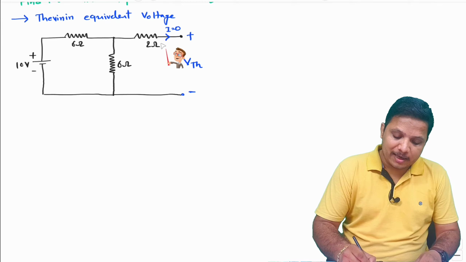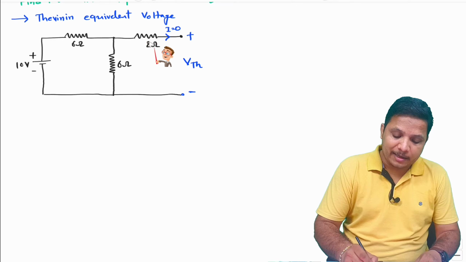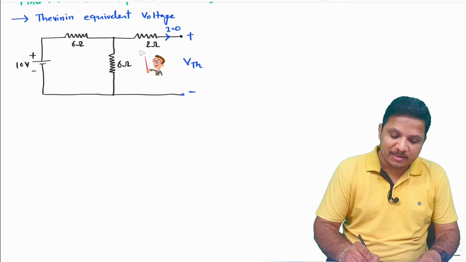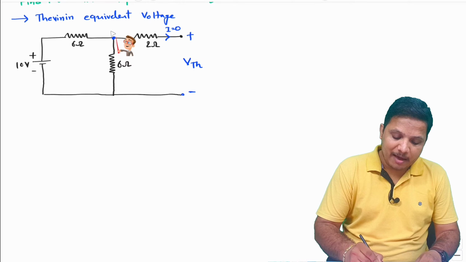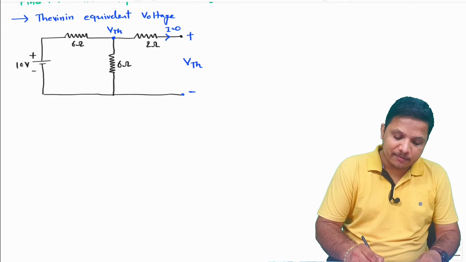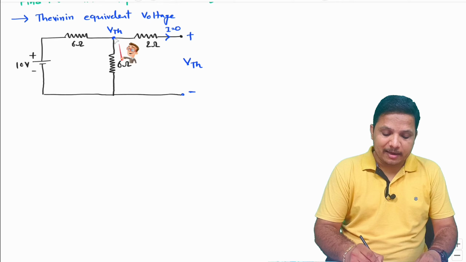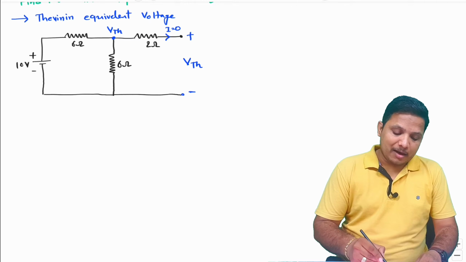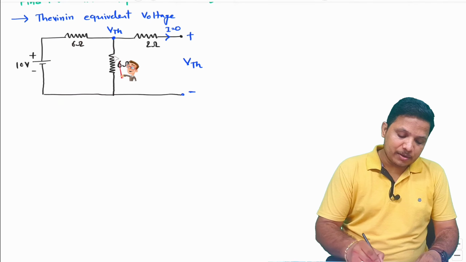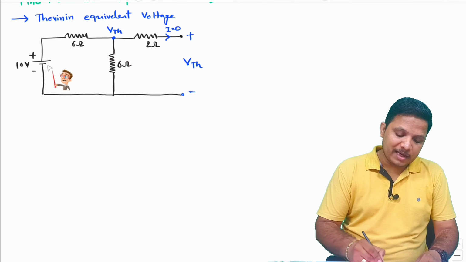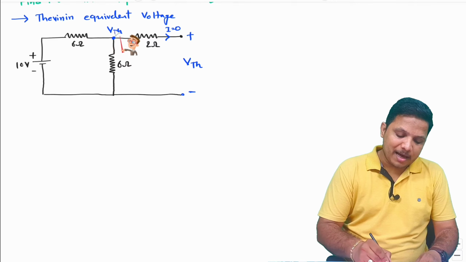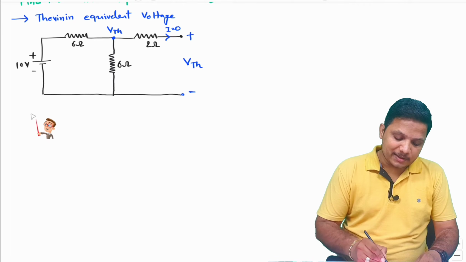As this is the open circuited voltage, the current over here will be 0, and as the current is 0, the voltage drop across this 2 ohm resistance will be 0. So here we will have the voltage VTH, which appears at this node. In this loop we can apply the voltage divider rule to get VTH.